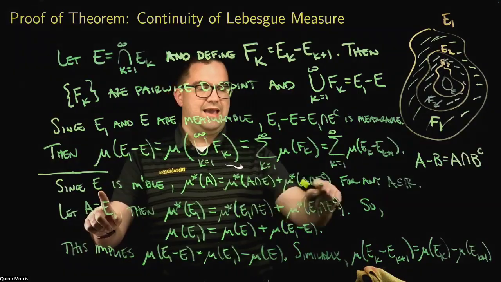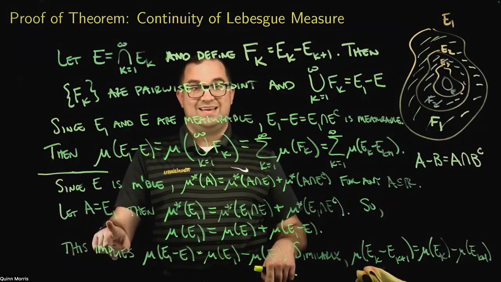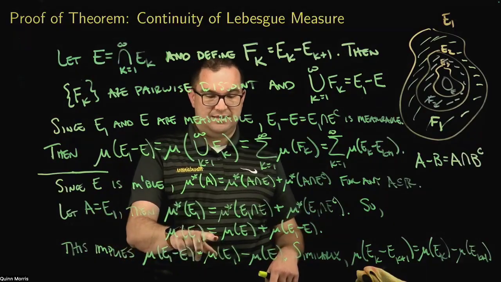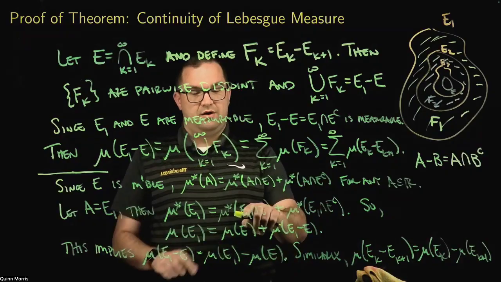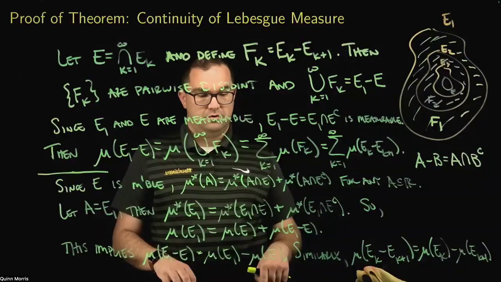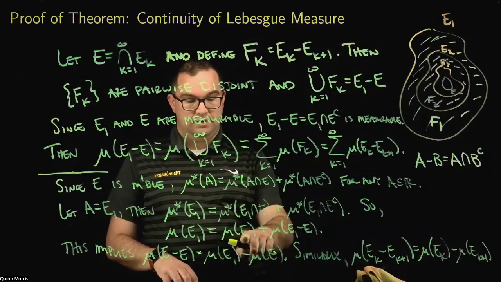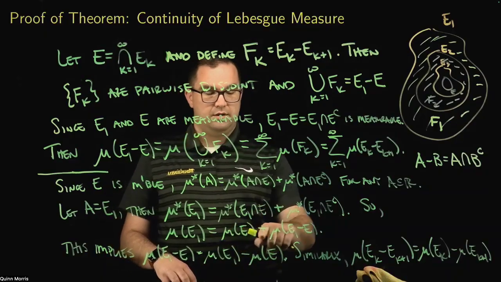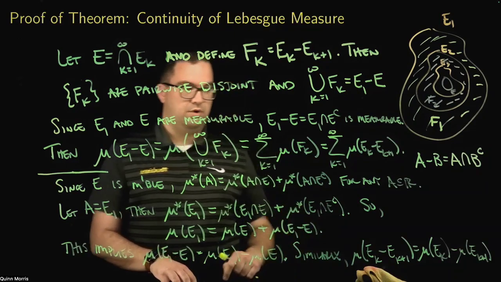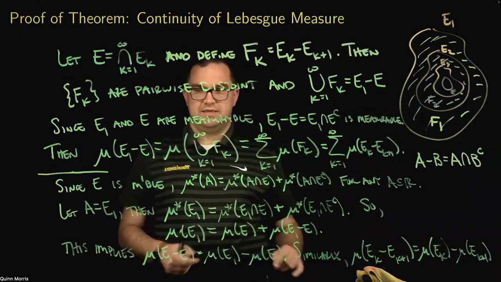So you write down the Carathéodory condition with Ek plus 1, and then you substitute in for your A, you substitute in Ek. So then you get the measure of Ek is equal to the measure of Ek intersect Ek plus 1, which is just Ek plus 1, so this would be the measure of Ek plus 1, plus you get the measure of Ek minus Ek plus 1. So you get both of these things.